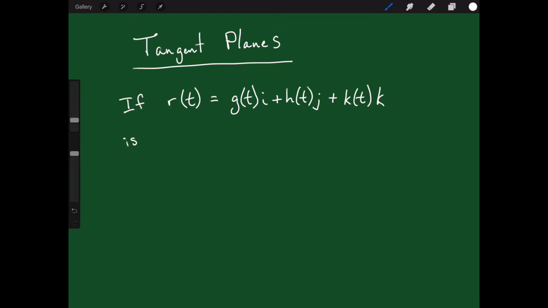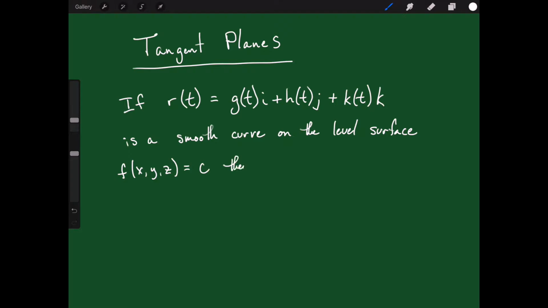If this is a smooth curve on the level surface f of x, y, z is equal to c, then we have that f of g of t, h of t, k of t is equal to c.